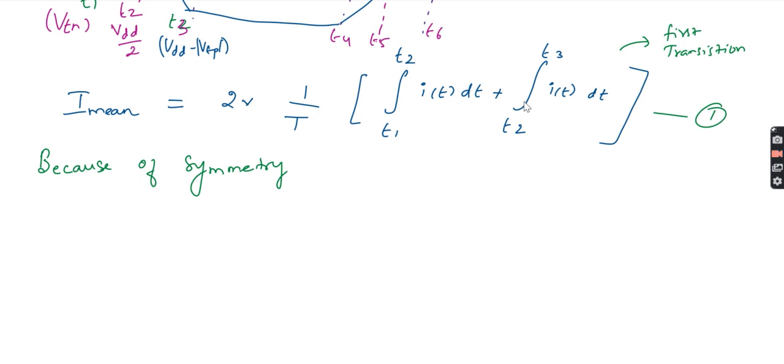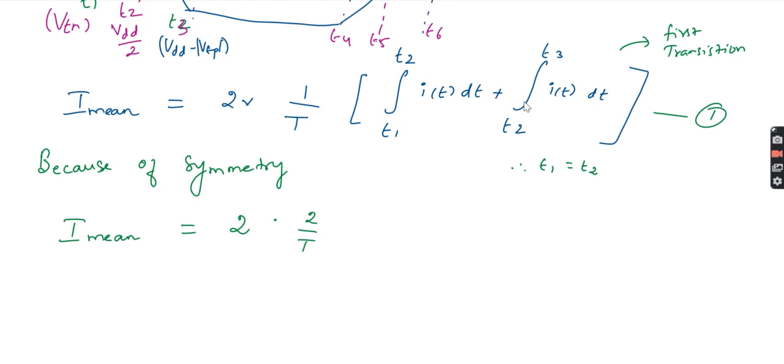We can write, what is I mean now? 2 times, so this becomes 2 times of that, 2 by T into, as I mentioned previously, T1 is equal to T2.